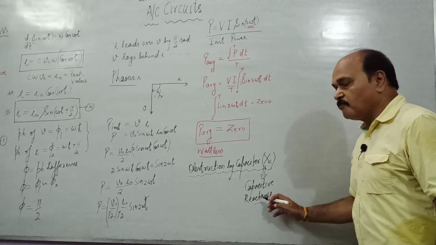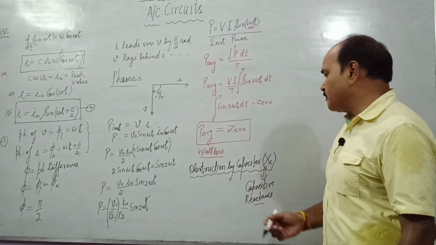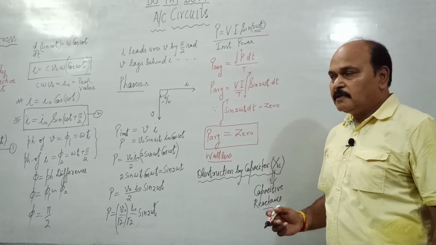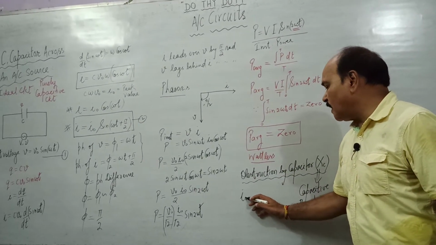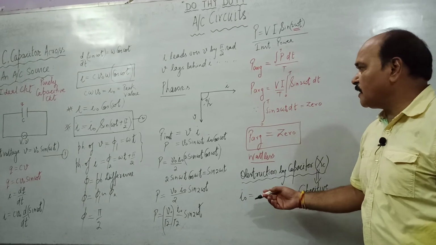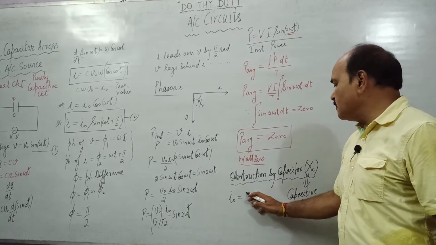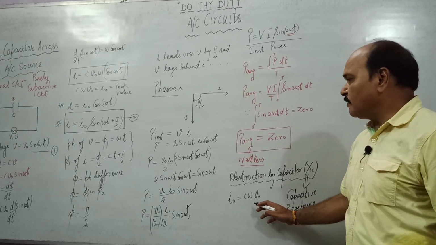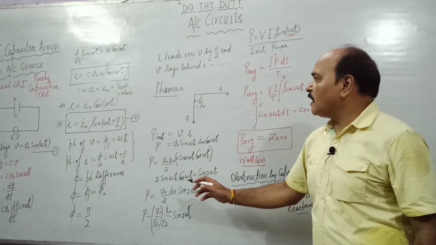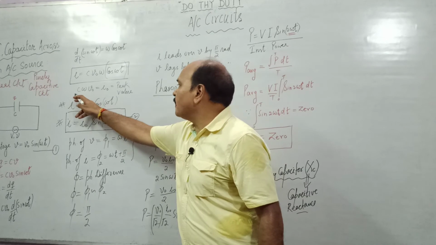Let us first of all work out a relation for capacitive reactance. Children, we have already written I naught as C omega V naught.